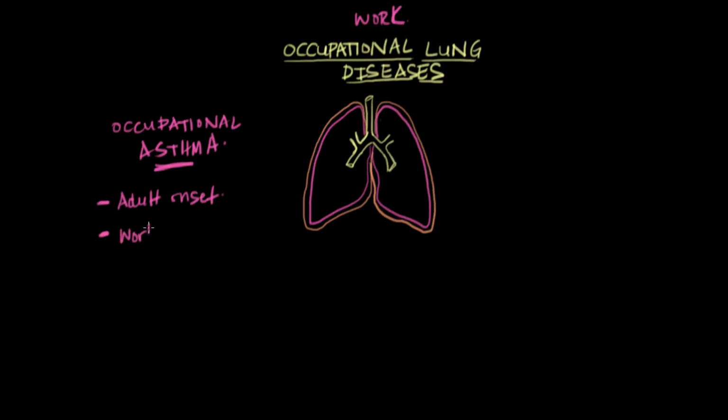So these patients will often experience signs and symptoms of asthma when they're at work, being exposed to this trigger. But when they come home, within a few hours, these symptoms will resolve on their own. And on days that they don't go into work, such as the weekend, they don't experience these signs and symptoms of asthma.